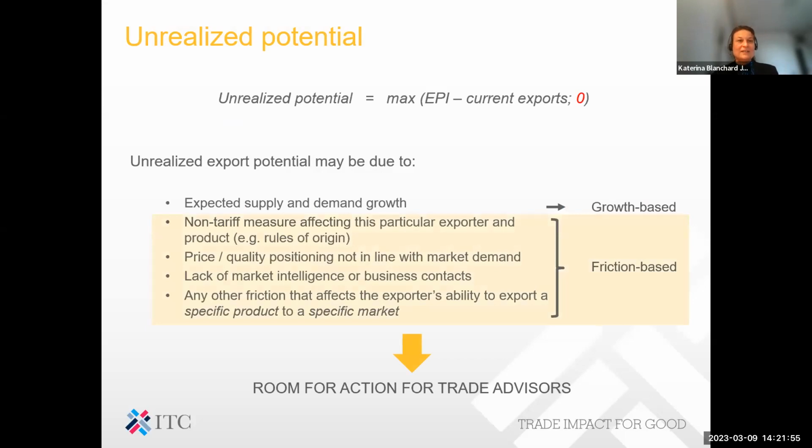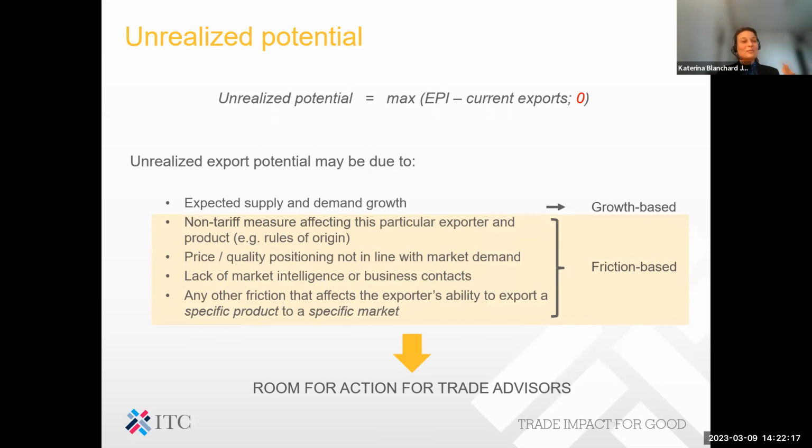We already said that we make projections. So the existence of untapped potential can be partially based on the expected supply and demand growth. But there are also other elements which could contribute to the existence of the unrealized potential.